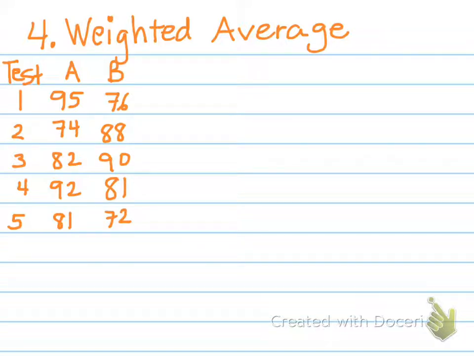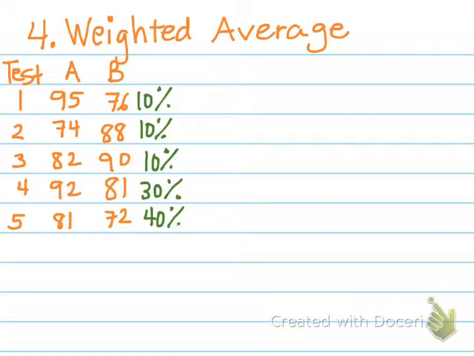Okay, test 5 would count for 40% of their grade. And test 4 would count for 30. And each of the other tests would count for 10%. Okay, this is a weighted average. And in fact, this is how your grade is calculated in my class.